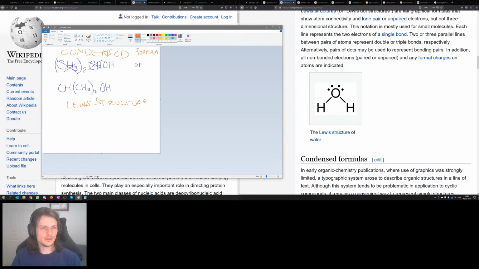Formula. And this is going to be, so for this one it would be CH, so C is bound to H, and then C is bound to H3, C is bound to H3, two times?